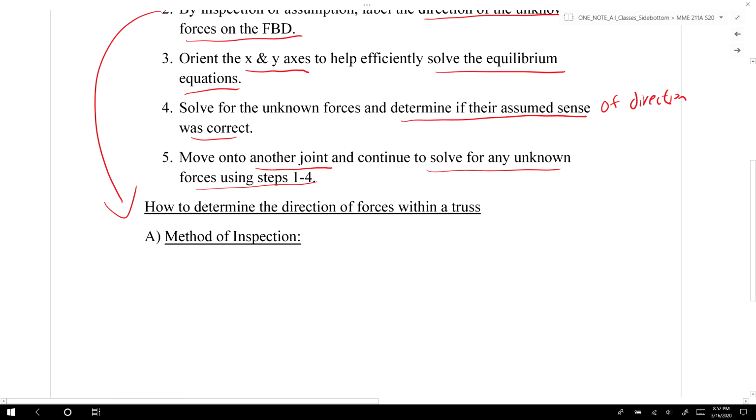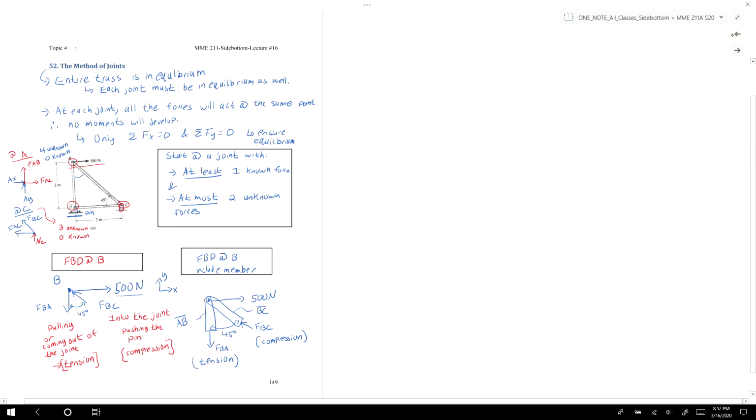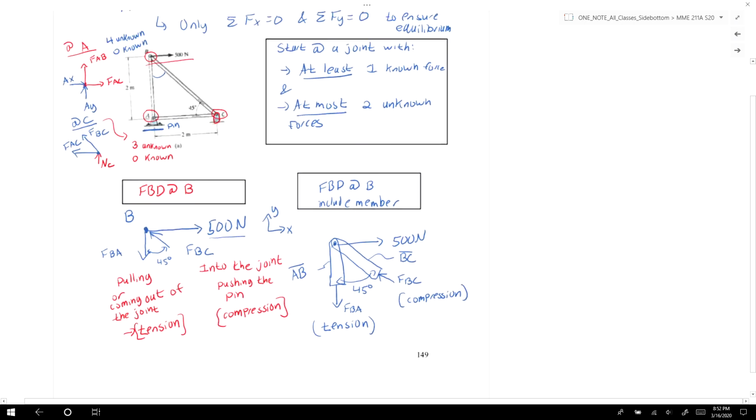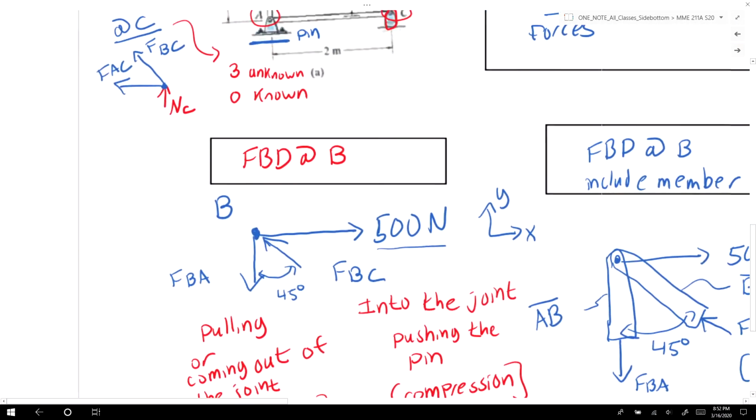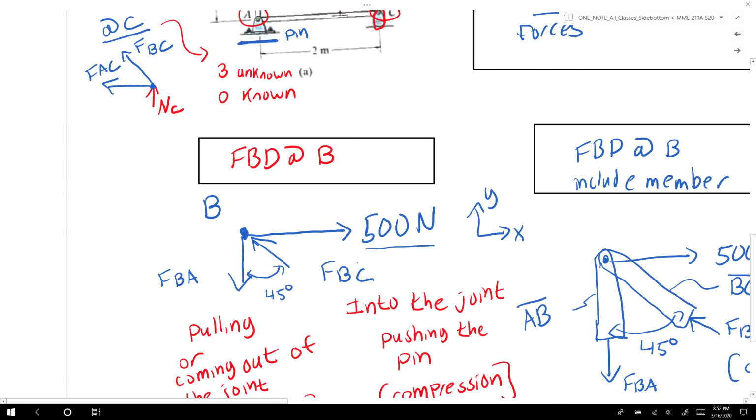If we look at our last problem, I'm going to go back one page here in the handout, and if we look at joint B, we know that for the sum of all the forces in the x direction to be 0, BC had to be going into the pin.